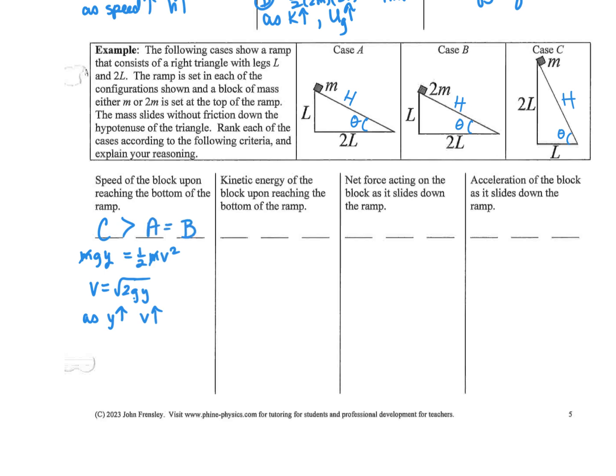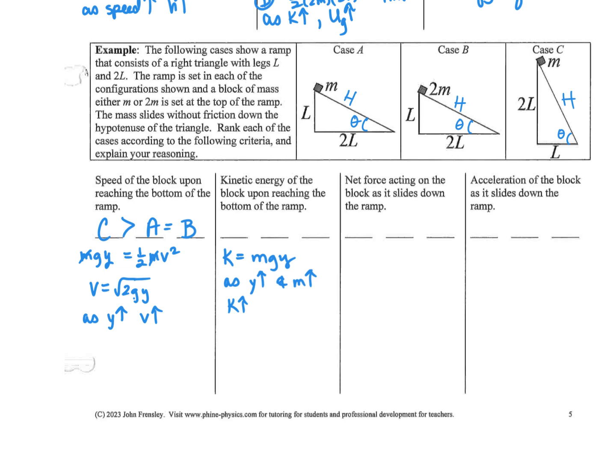Kinetic energy. Well, kinetic energy is a little bit different. The kinetic energy is going to be equal to mgy. So again, as y goes up and m goes up, K increases. So which one has the biggest y and the biggest combination?